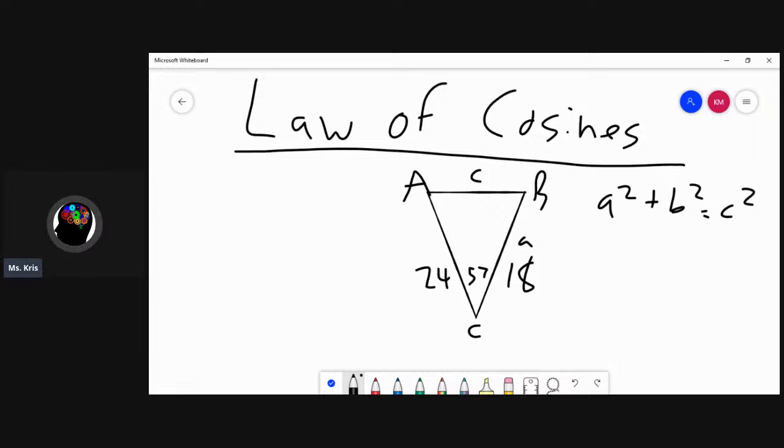Side B is 24. We're looking for side C, and the angle of C is 57.